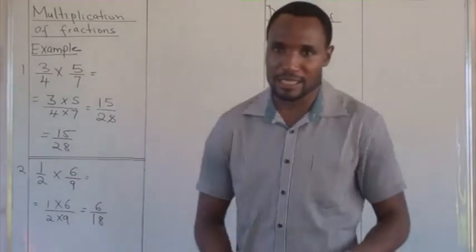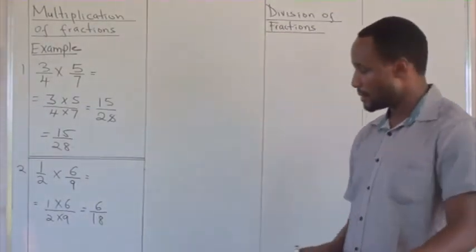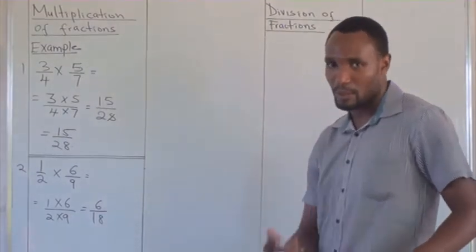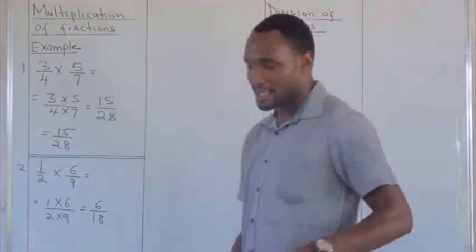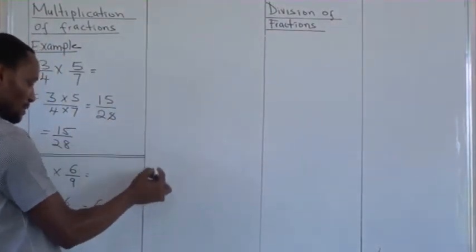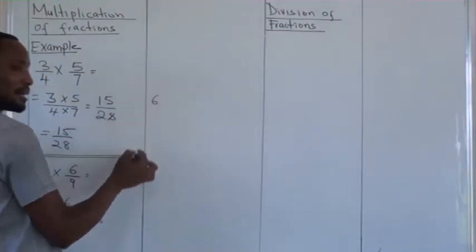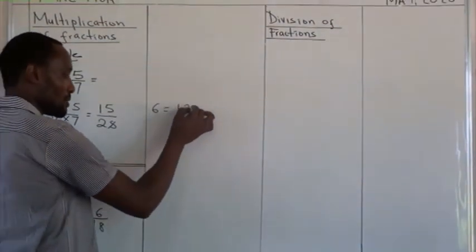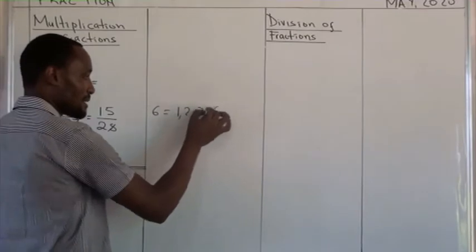Now, with 6 over 18, what are you going to do? If you look at 6 and 18, they have a common factor. Let's see. I'm going to write the factors of 6. The factors of 6 are 1, 2, 3, and 6 itself.